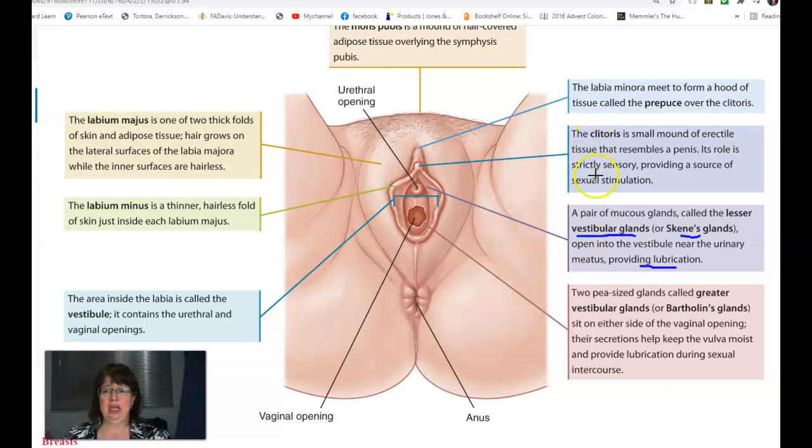These vestibular glands will help for lubrication during sexual intercourse. So they help with lubrication and stimulation. Then this is the perineum in the middle, and then we have the anus here. So I don't know, it's not a pretty picture, but it is very informative.